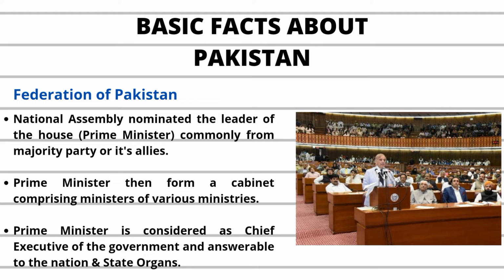The Prime Minister is considered the chief executive of the government of the state, answerable to the nation and state organs. All the executive and administrative machinery comes under the domain of the Prime Minister.